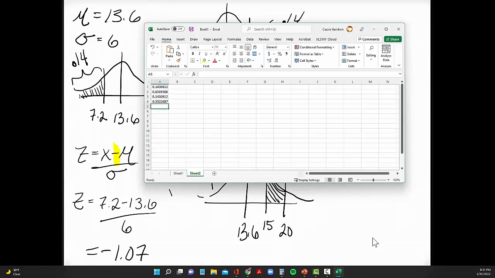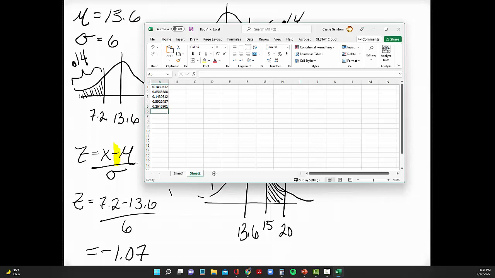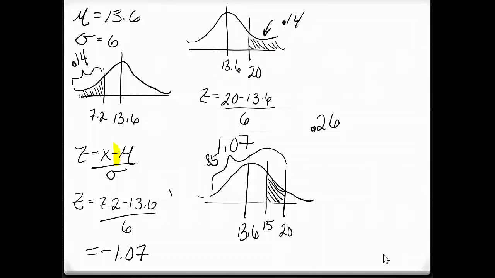So now we take the 20 minus the 15, and that gives me about 26%. So my answer here is 0.2647.